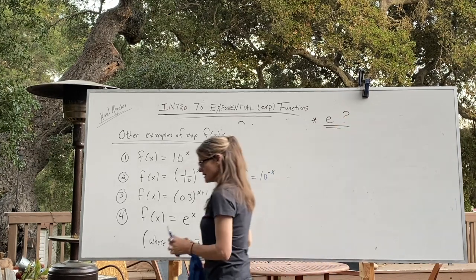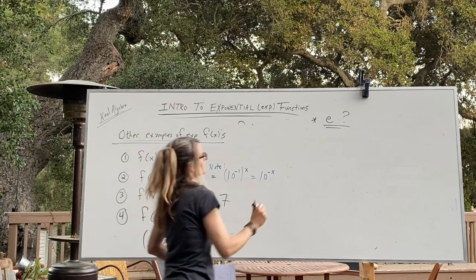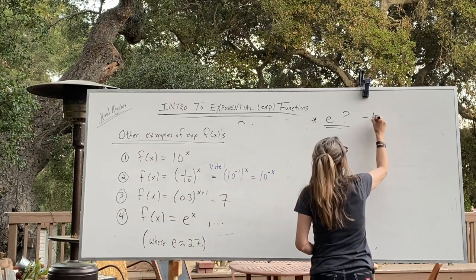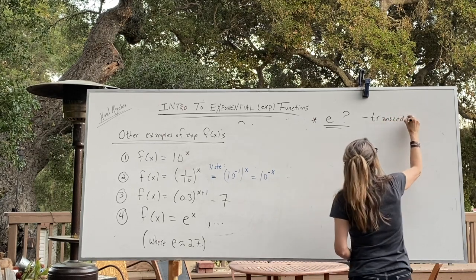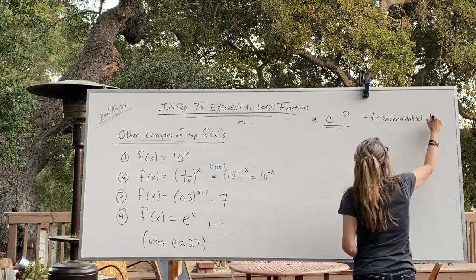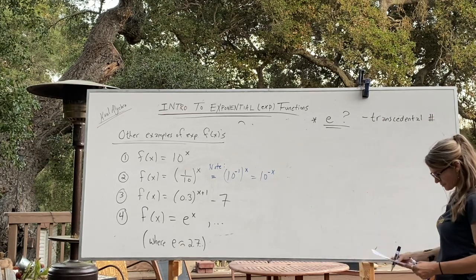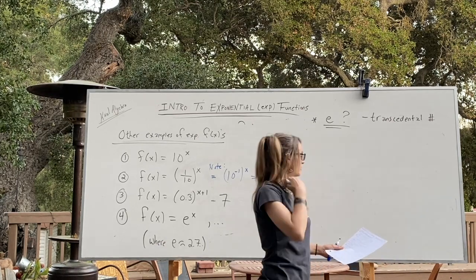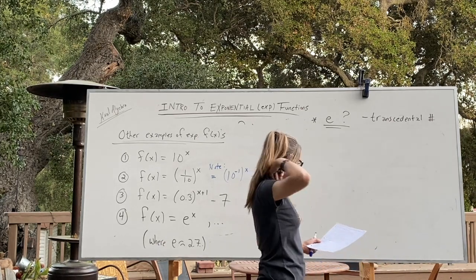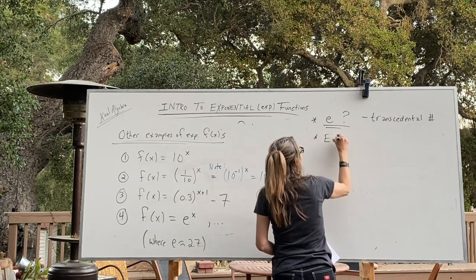Okay. e, as I stated, is a transcendental number. So it has a specific definition. Okay, they're non-algebraic, not a root of any polynomial. We also call this Euler's number.